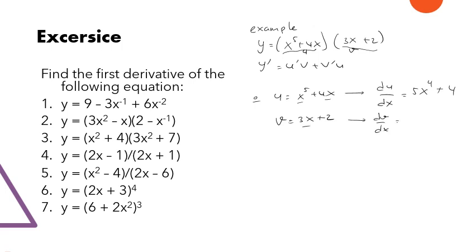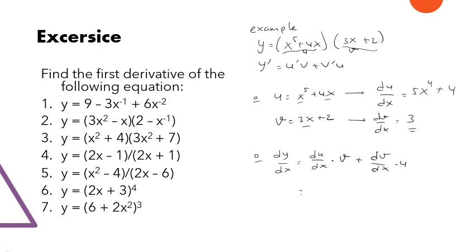So here 3x will be derived as 3, and 2 is 0, so only this. Right now dy/dx is the product rule, meaning du/dx times v plus dv/dx times u.